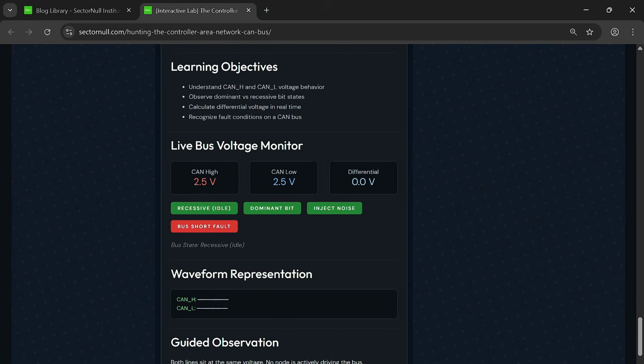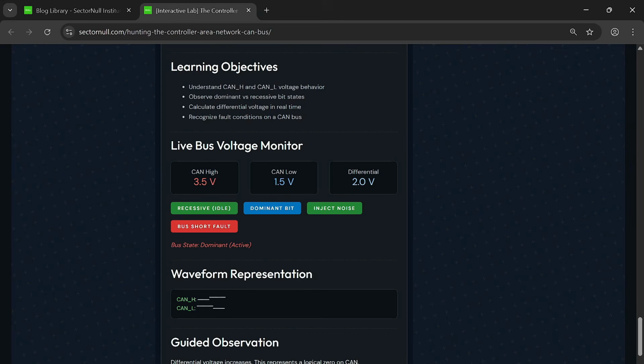Now let's press the dominant pin. Click. Immediately you can see CAN high rise and CAN low fall. This is a dominant bit. Dominant always wins on CAN. This is arbitration in action. You can see the bus state is dominant, so it's active.